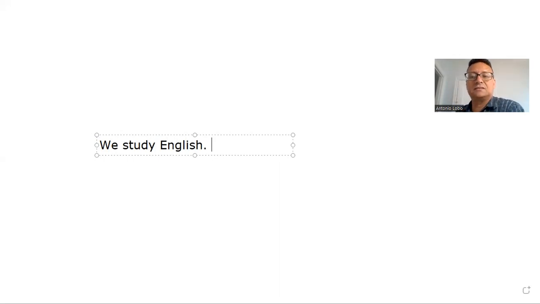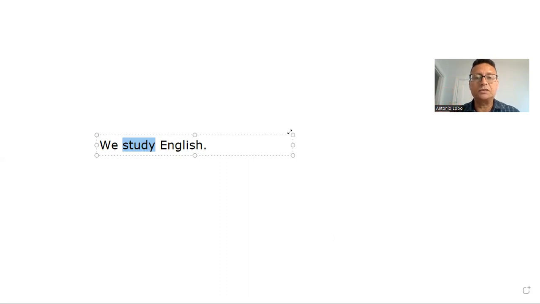In this sentence, the verb is study. It's not verb to be. So to make negative and interrogative for the sentence, I have to use a different rule. And the rule for this is that I add an auxiliary verb to it.